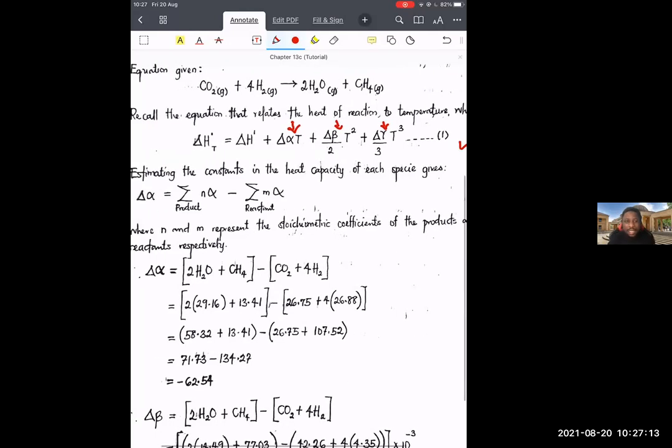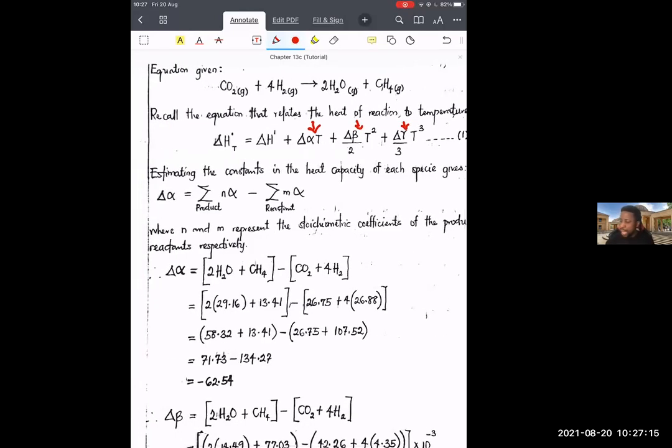And then similar to how we've been looking at heat of reaction, take note. So yes, heat of reaction, where we look at the summation for products minus that of reactants. We are going to do that for the constants, for those coefficients too. Is that clear?